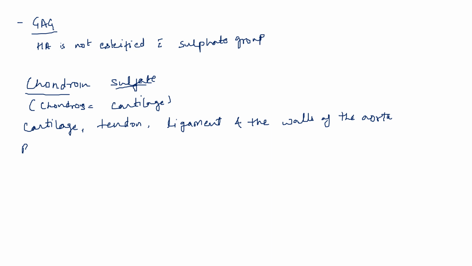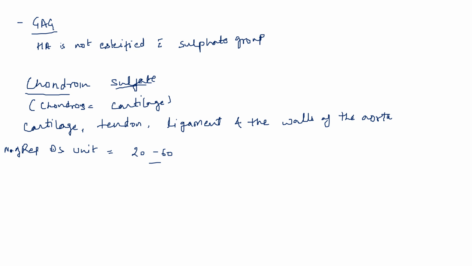The number of repeating disaccharide units is usually between 20 to 60, and it exists as proteoglycans.